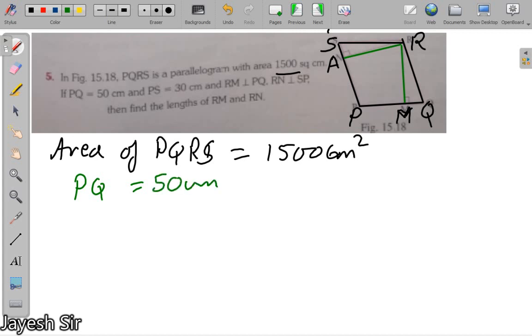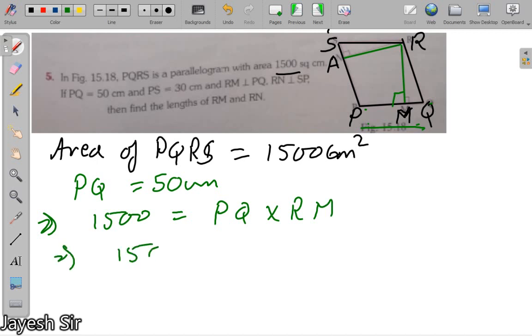PQ length is given to us as 50 centimeter. For length PQ, the height is RM. 1500 will be equal to PQ into RM. 1500 will be equal to PQ is 50, RM is unknown.